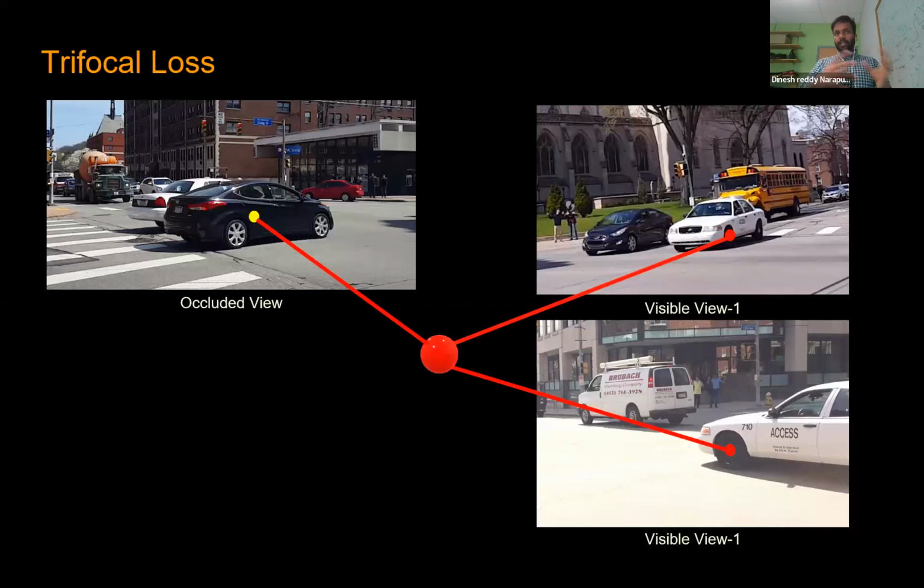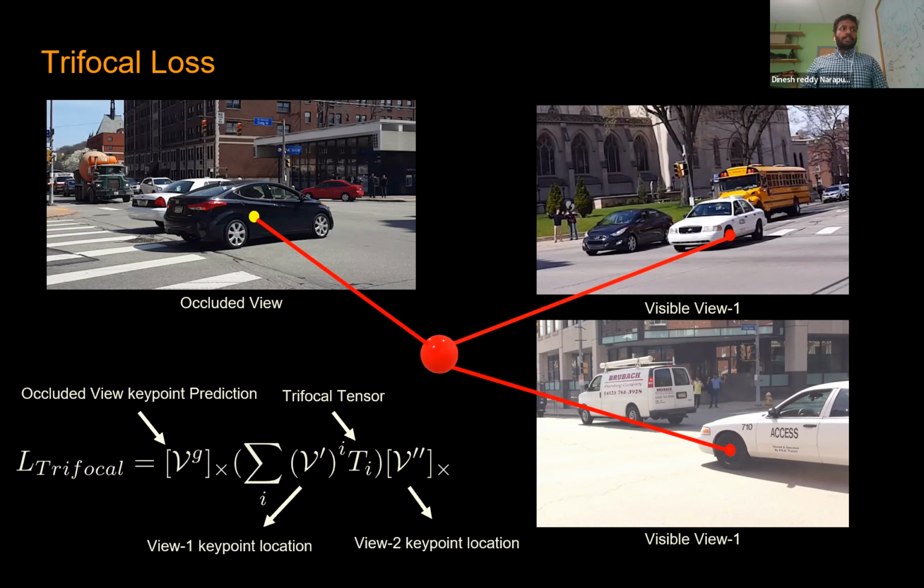But using this method, we are able to get a very accurate localization of that keypoint using multi-camera systems. So we use a trifocal loss, which is just what I explained earlier: we project these two points into 3D and project it back into the occluded view, and we minimize this loss with respect to that keypoint.